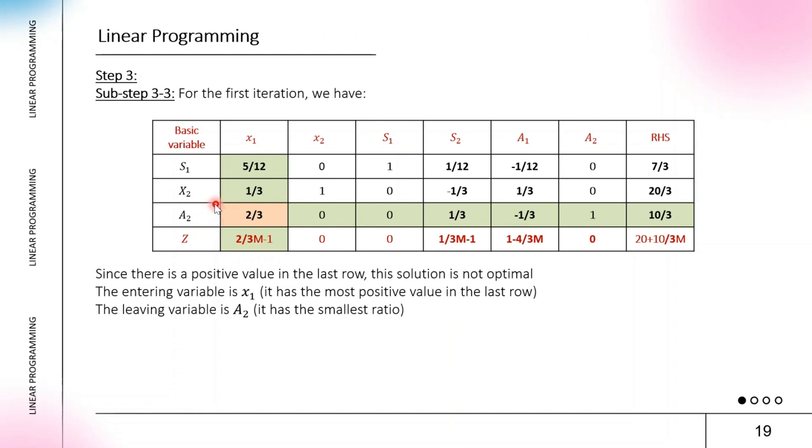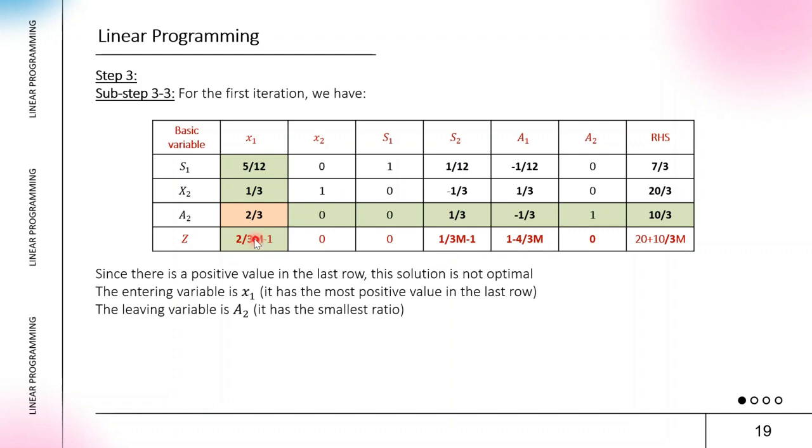The basic variables are now S1, X2, and A2. However, in the Z row, the coefficient in the X1 column is still positive. According to the optimality test, this means we must perform a second iteration because there is room for improvement.